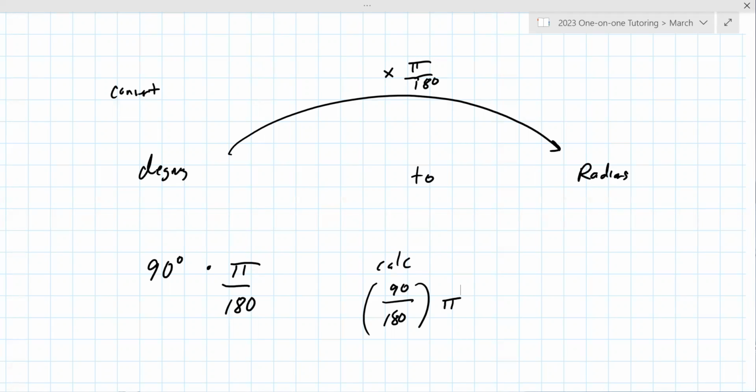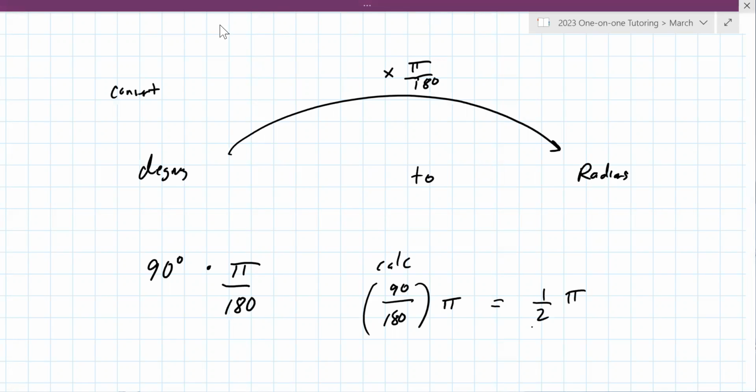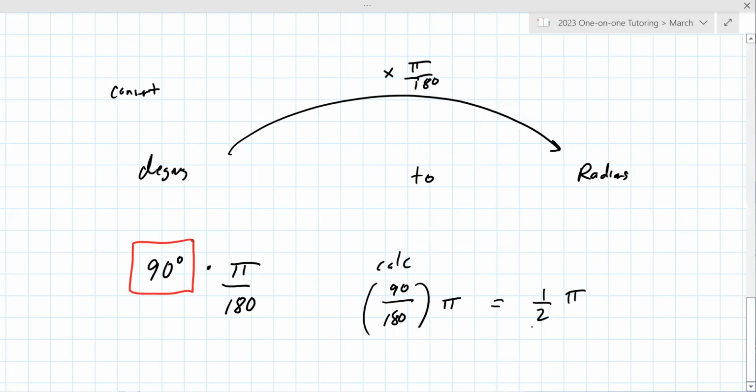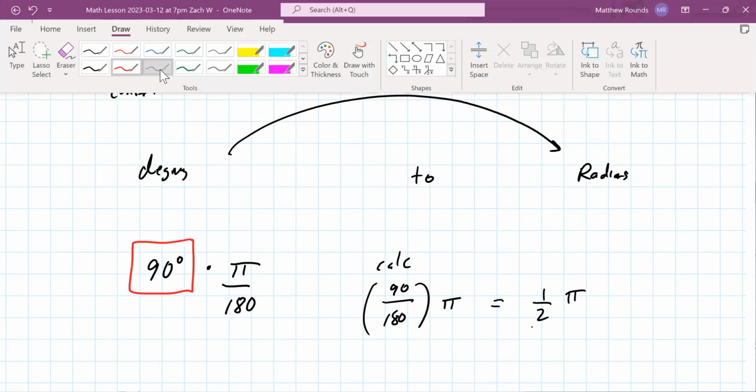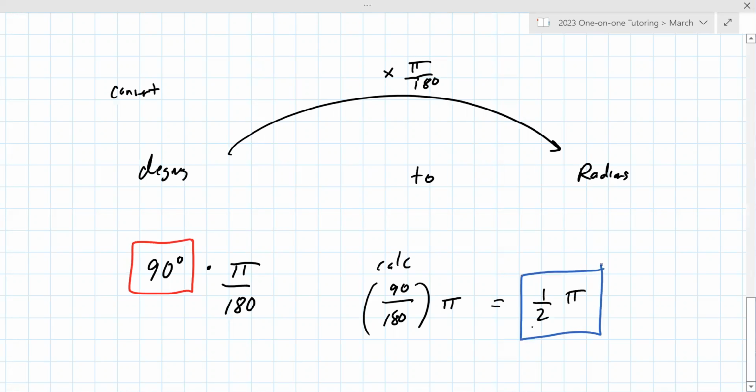So 90 divided by 180, and then I leave it. Obviously I'll have 0.5 as my answer, or 1/2 pi. That's just my answer. I don't have to multiply it by pi. That's your answer in radians.